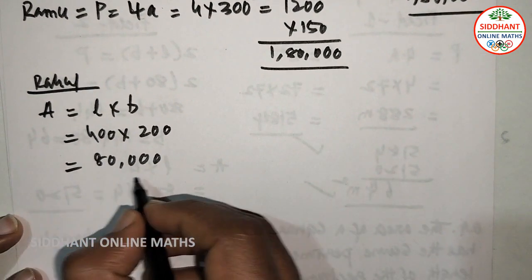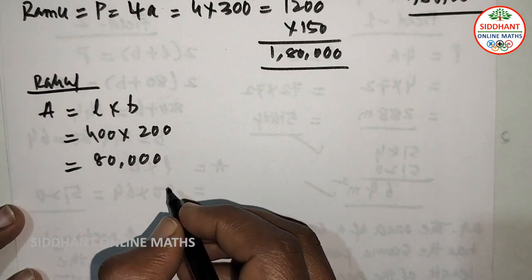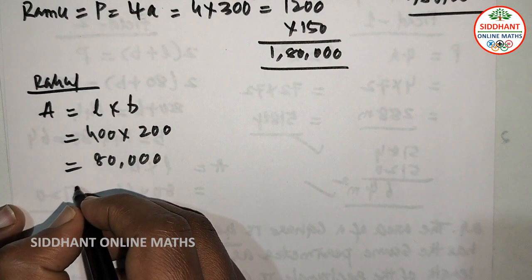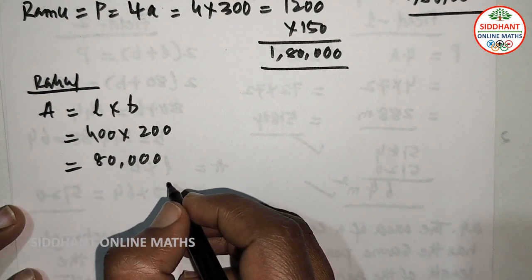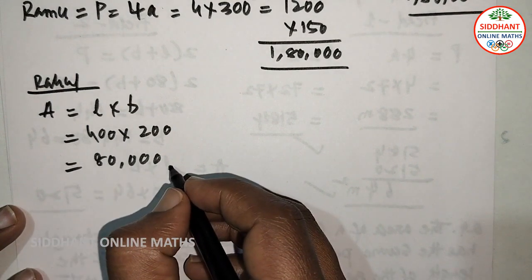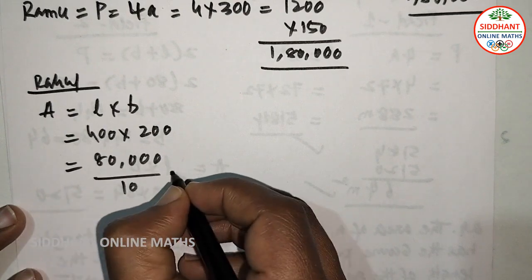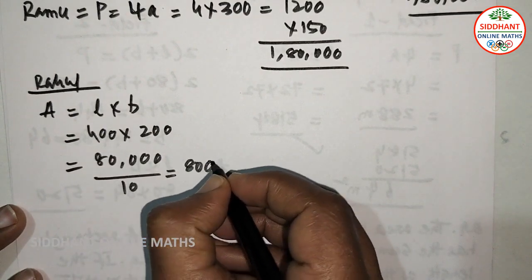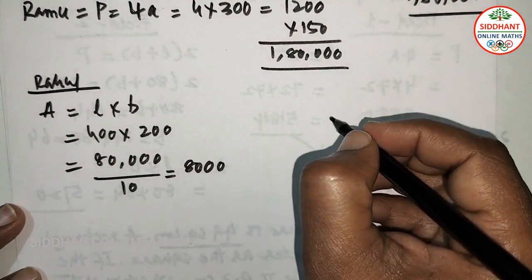If one tree is planted in 10 square meters, then out of 80,000 square meters, how many trees can be planted? We divide by 10 here, then we get 8,000 trees can be planted here.